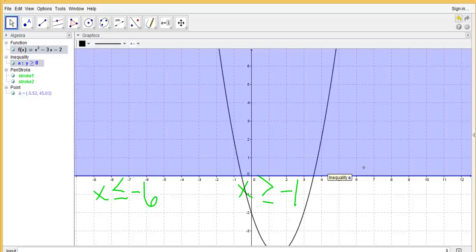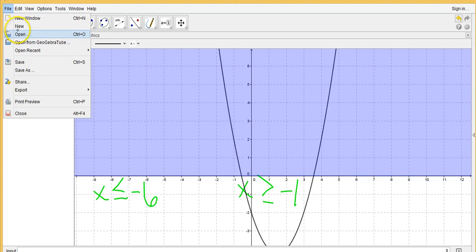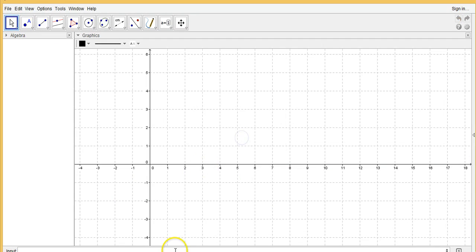So again, just wanted to show you that we can put inequalities in GeoGebra, and also on that topic, you can also put quadratic inequalities like y is greater than, let's just say y is greater than x squared minus 7x plus 6.